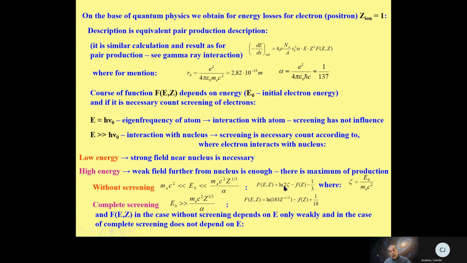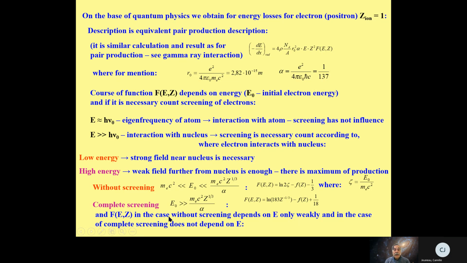And if you remember, or if you look at our lecture about gamma interaction and pair production, you will see that it is very similar to the function used for pair production. For complete screening, it is possible to see that there is no dependency on energy, and there will be saturation. That means for high energy, you will obtain saturation and constant production of Bremsstrahlung radiation.